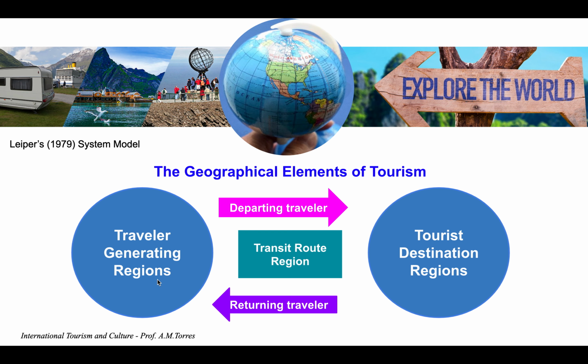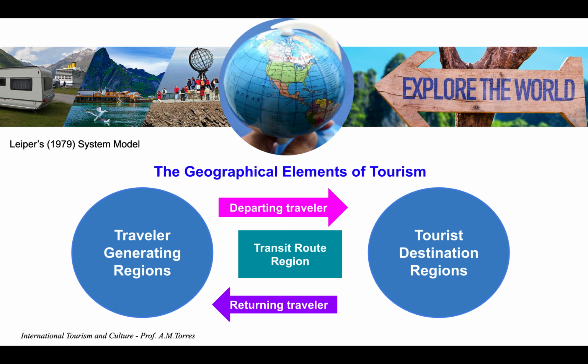Okay, now what is this transit route region? The transit route region is actually a place wherein a tourist can make a stopover. Okay. So assuming that there's again another tourist, like for example, another Korean who opted to choose Eva Air to go to the Philippines. So Eva Air would usually make a stopover in Taipei.